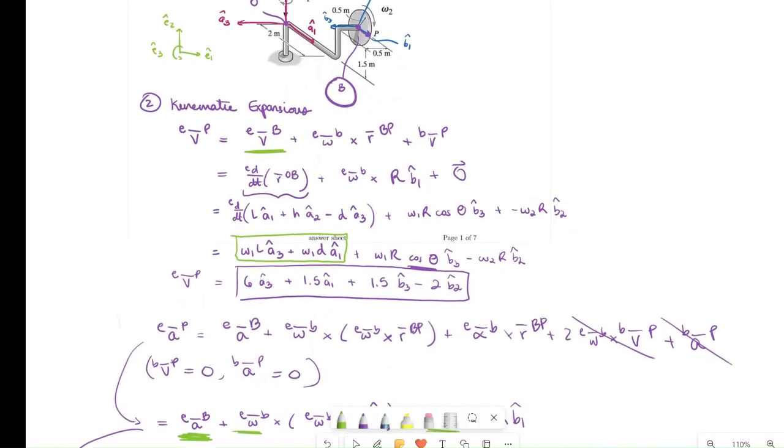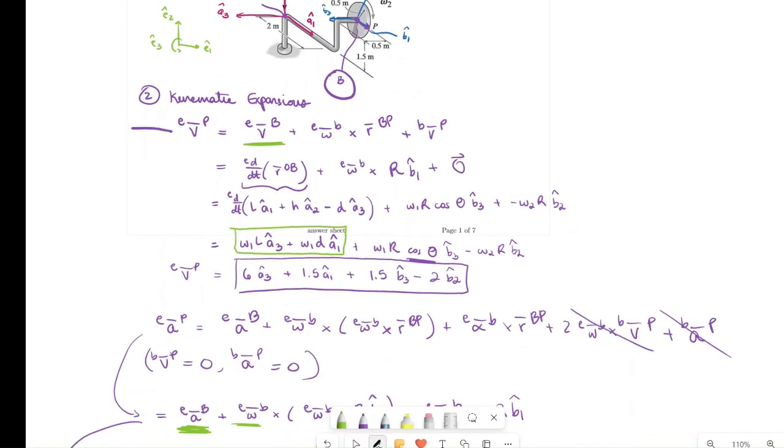And we found point B, which is right here, to be the point that's fixed in the B frame, because that's how the expansion formulas work. So we have this, and we're going to apply the expression for the kinematic expansion.